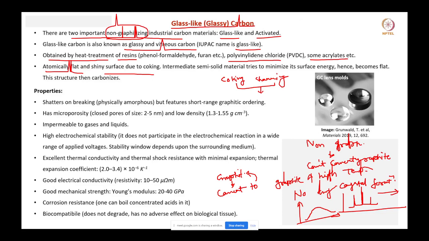Here there is no liquid or semi-solid state, whereas in coking you will have that. In the case of charring you will get a porous kind of structure, but in this case you will get a solid structure. So this is the difference.